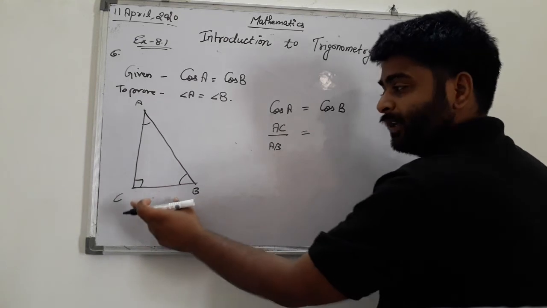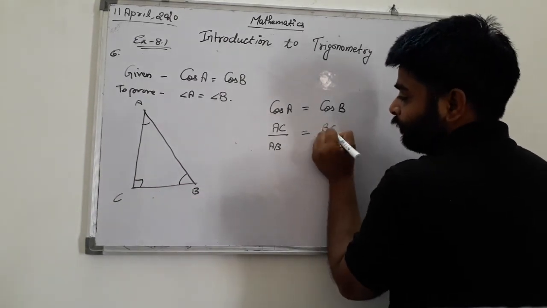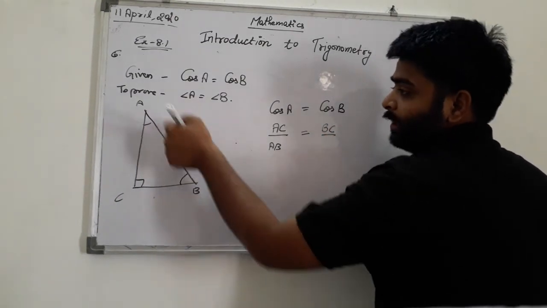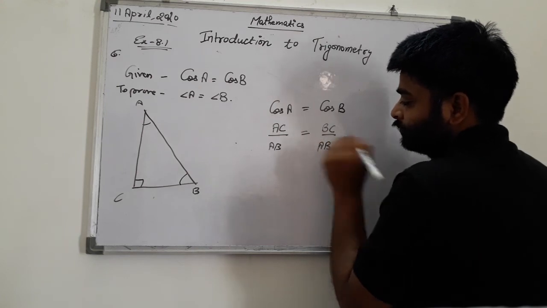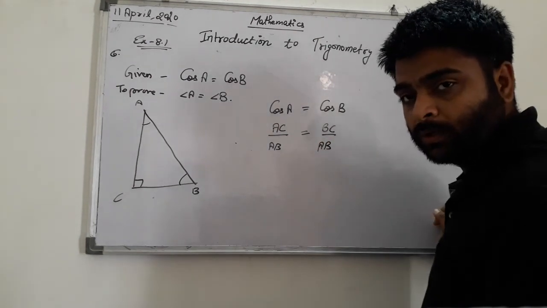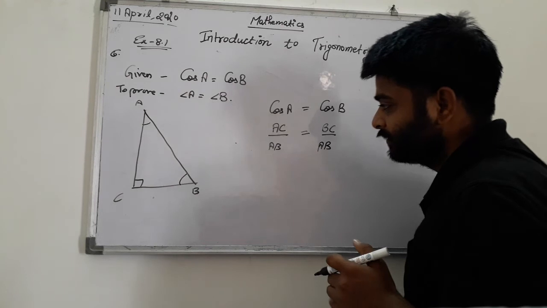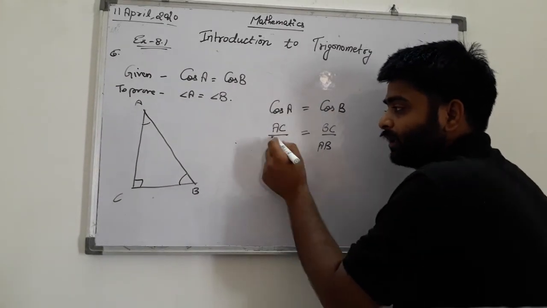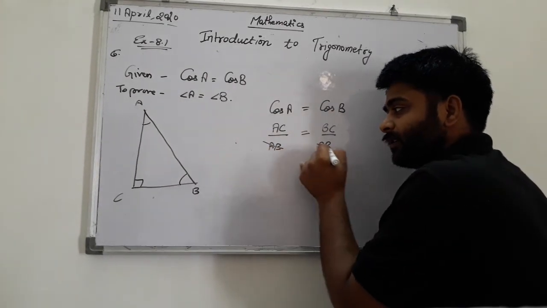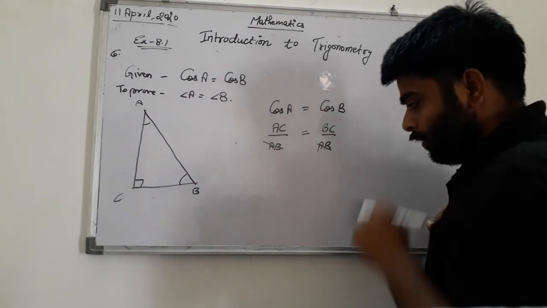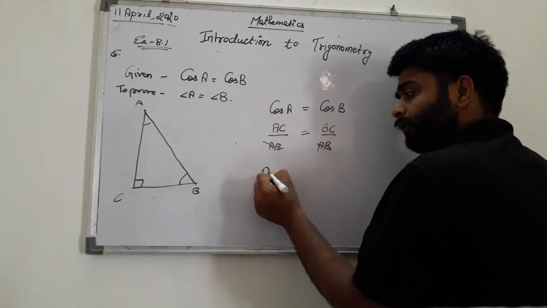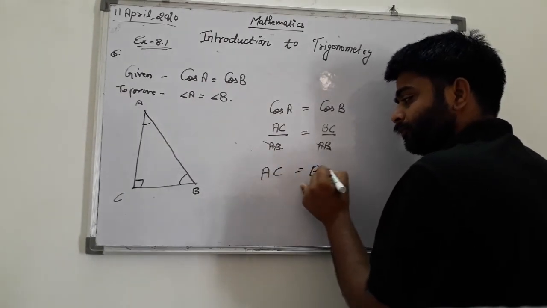We need a base. So the base is BC. BC upon hypotenuse AB. So class, have you observed anything in this? AB and AB both are the denominator, so they can be cancelled out. Now what we have proved is that AC equals BC.